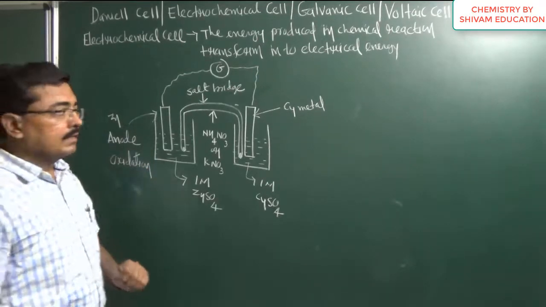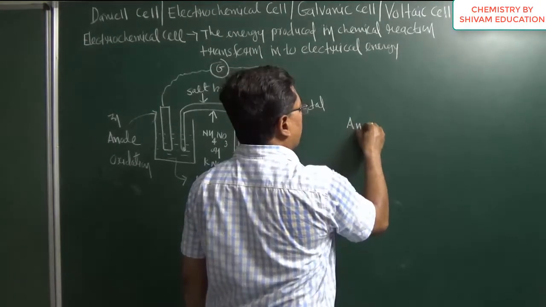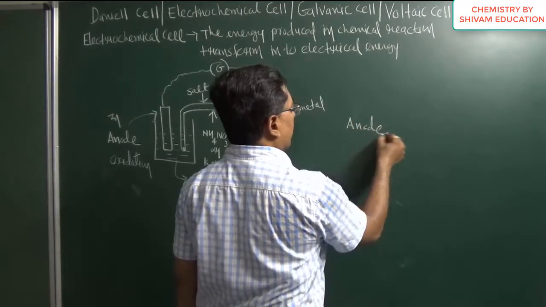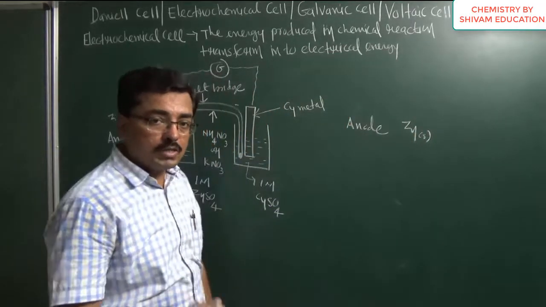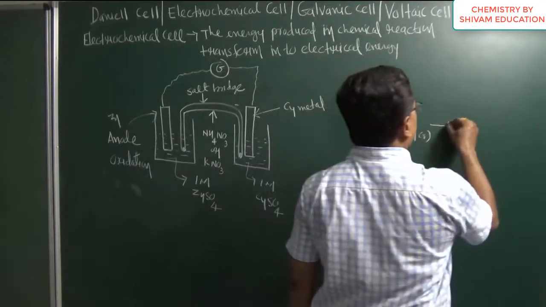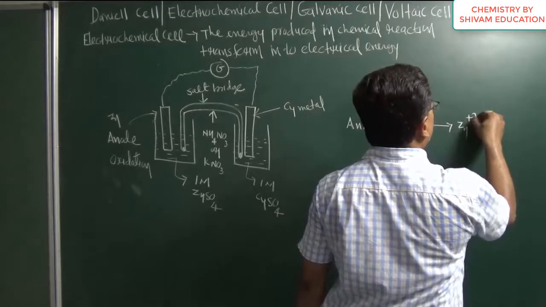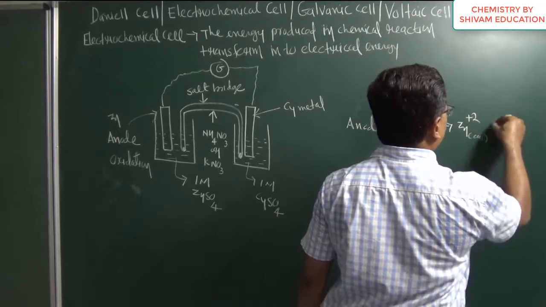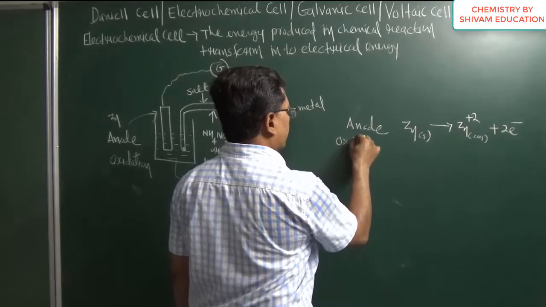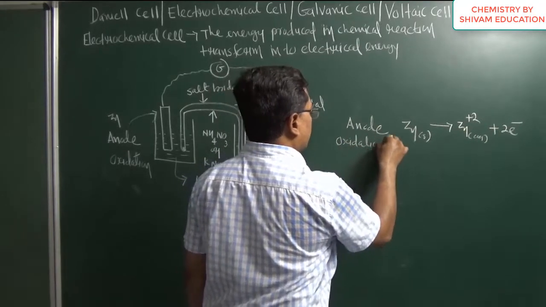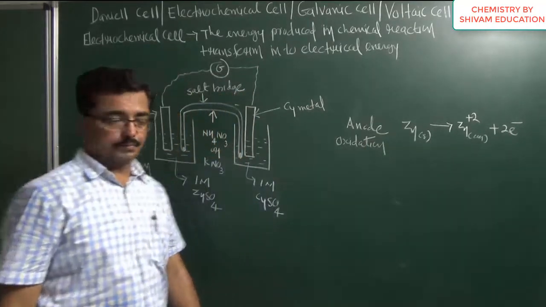So on zinc, which will act as anode, on anode oxidation reaction takes place. Zinc metal loses 2 electrons and converts into Zn2+ ion, and this ion will go into solution. So here this oxidation reaction occurs, and this is known as oxidation half cell.